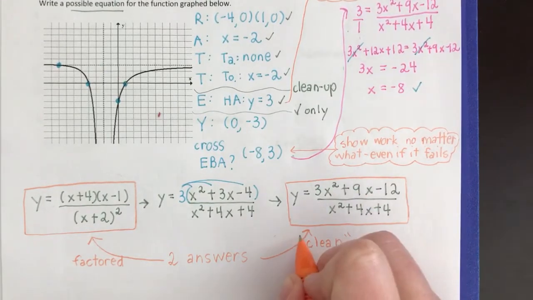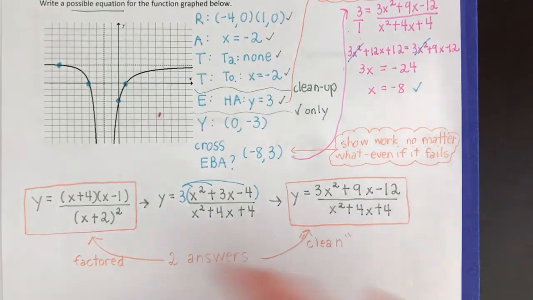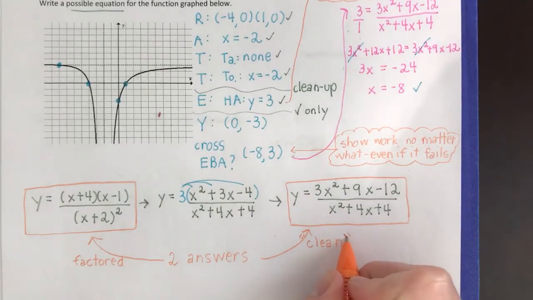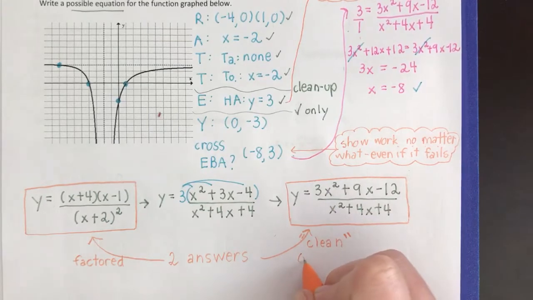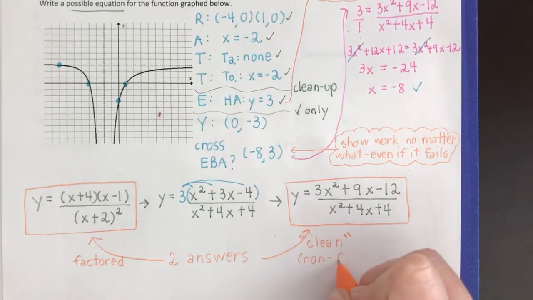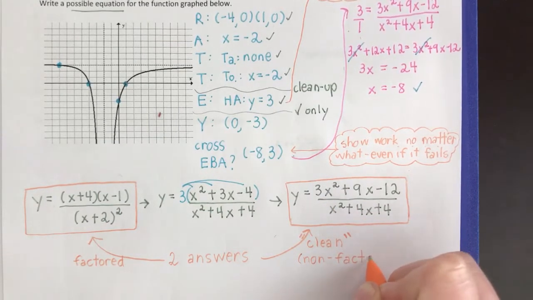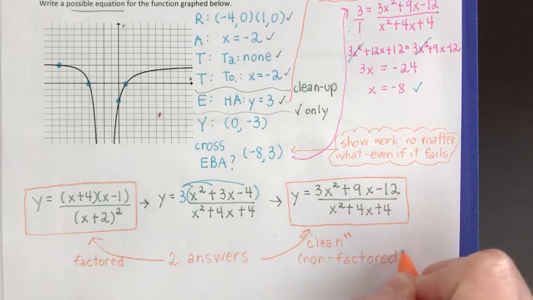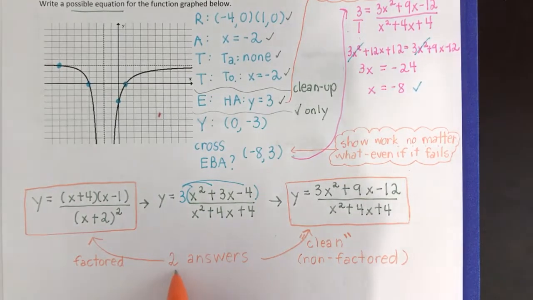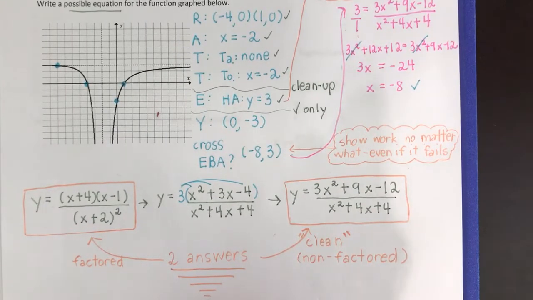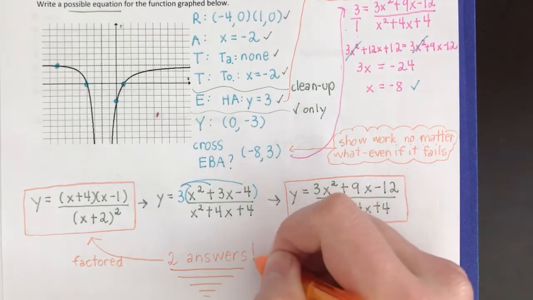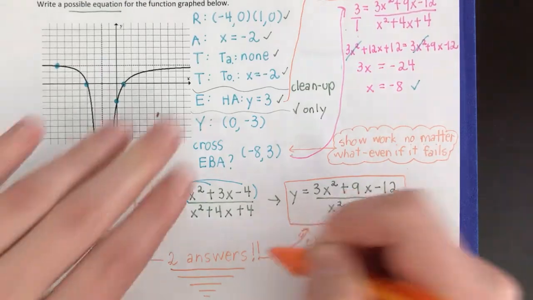Would you call it simplified? I guess it's in the eye of the beholder. But this is the non-factored version, so no factors. But you will have two answers. Underline, underline, underline. Look at that. I'm just going to finish it off. Two answers. Exclamation point, exclamation point.